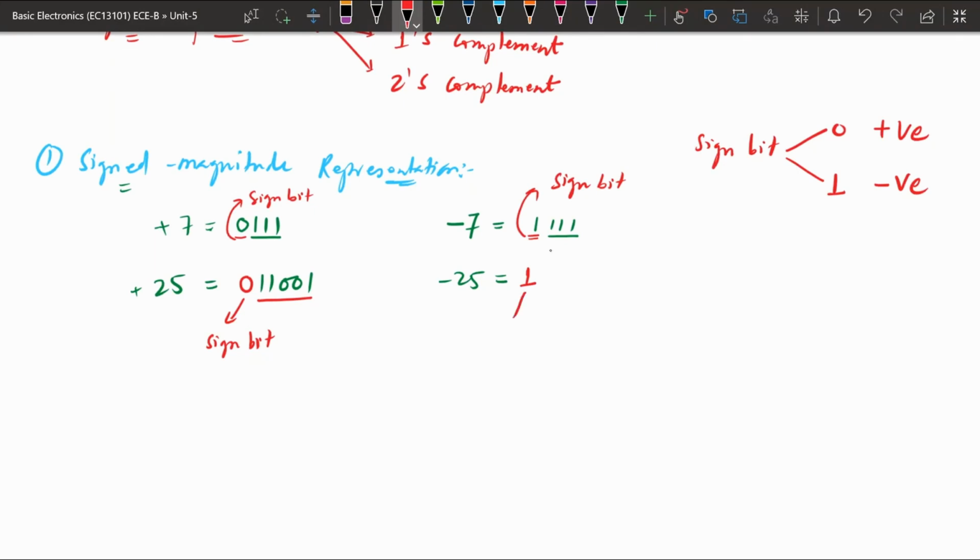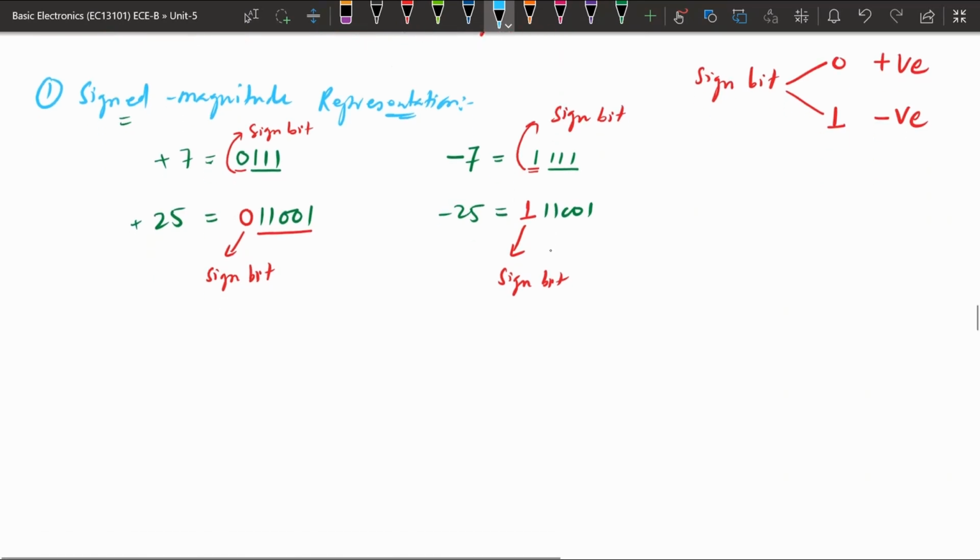So the sign bit will be made 1, and the remaining bits will be written the same. So it will be 1 1 1 0 0 1. This will be your -25 representation. This is how we can represent a number in signed magnitude representation. For this representation we need an extra bit, so this can be a disadvantage of signed magnitude representation.